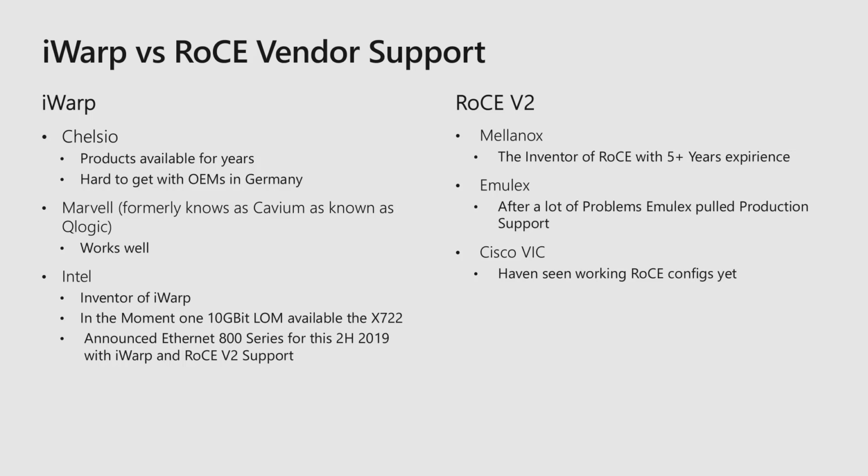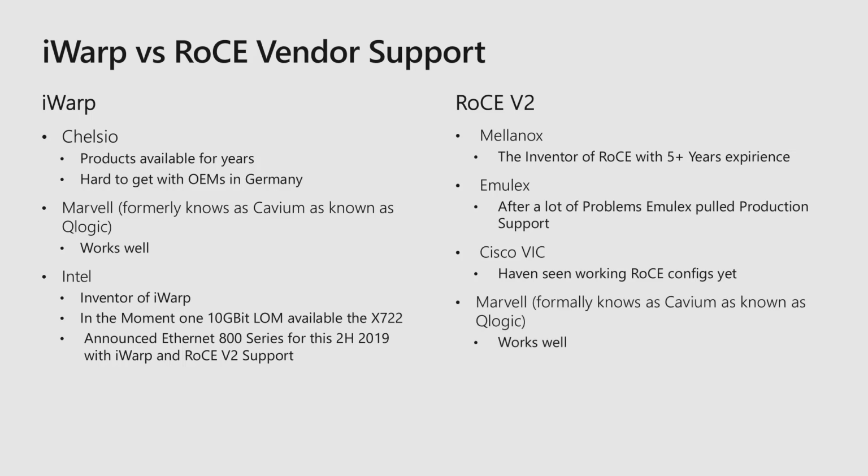They are still sold, but don't use the RDMA support, turn it off. Then there is the Cisco VIC. I had my problems with this card, so Cisco and RDMA is, in my opinion, not working well as far as I know, but you can turn off RDMA with this card, and that works well.